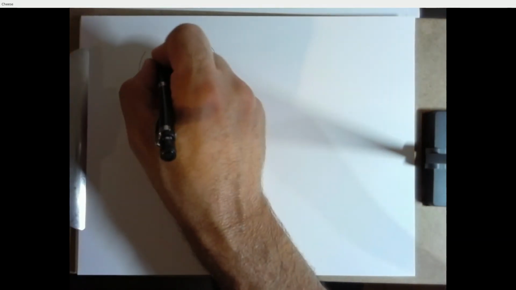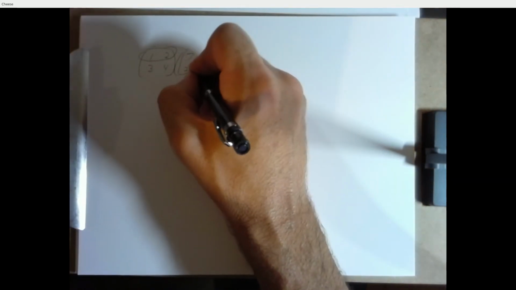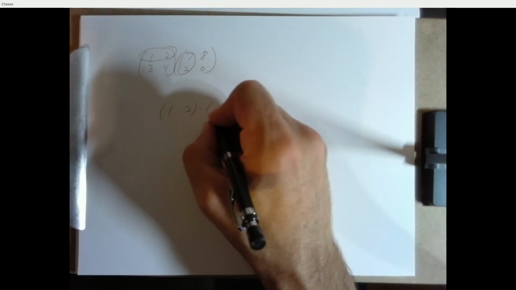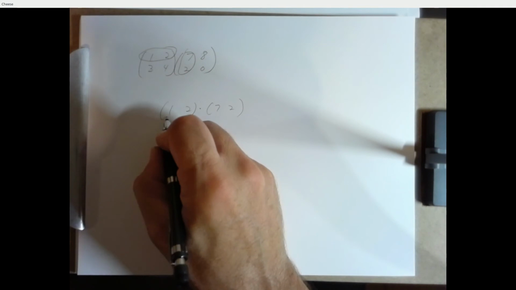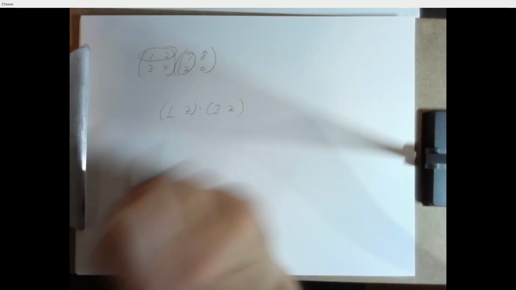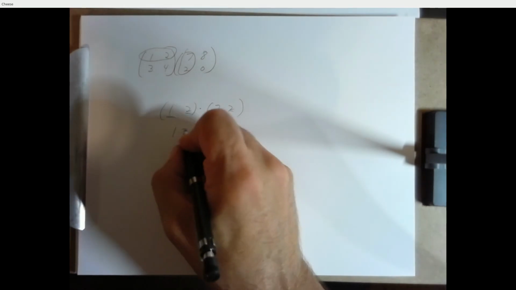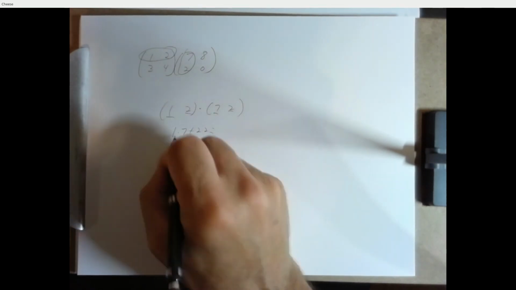We take the first row and the first column and we do what's called a dot product. So 1, 2, dot, 7, 2, and it means multiply the first terms, multiply the second terms, and then add them. So this dotted with this would be 1 times 7 plus 2 times 2. That's 7 plus 4 is 11.